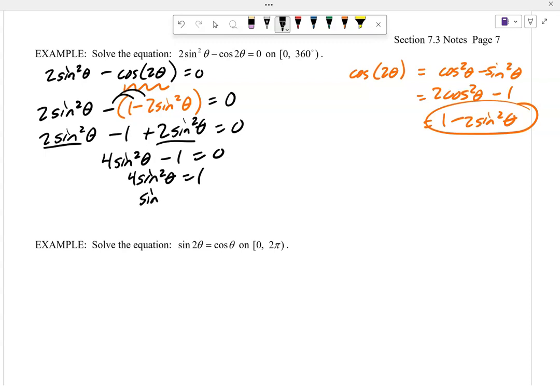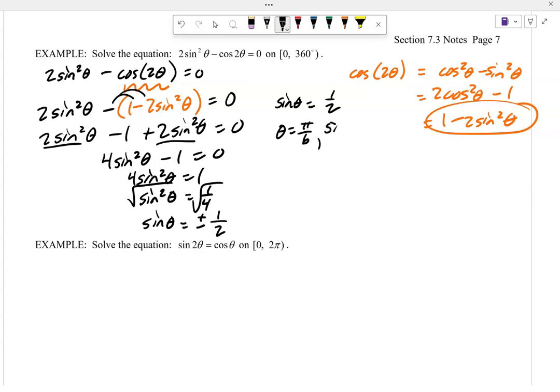divide by 4, divide by 4, and now we square root. So the sine of theta is plus or minus, the square root of 1 is 1, square root of 4 is 2. So we have 2 equations here. Sine of theta is a half. We know the sine of pi/6 is a half. We also know the sine of 5 pi/6 is a half.